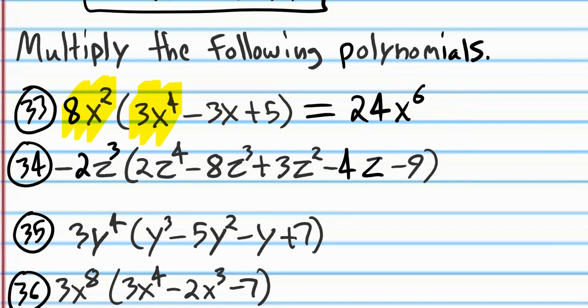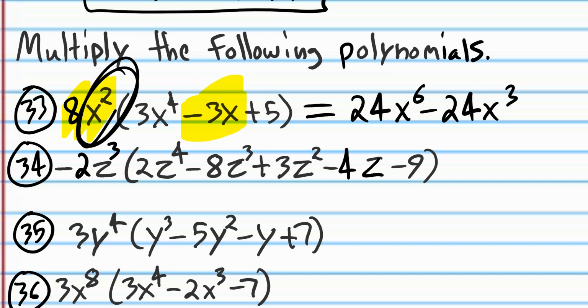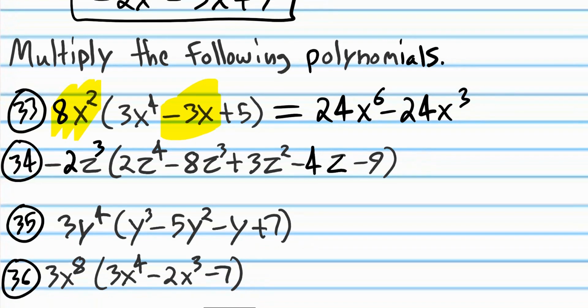Then we're going to multiply 8x squared by negative 3x. 8 times negative 3 is negative 24. X squared times x is x cubed. So here's 1x over here, and here's 2 x's, so we have a total of 3 x's that we're multiplying.